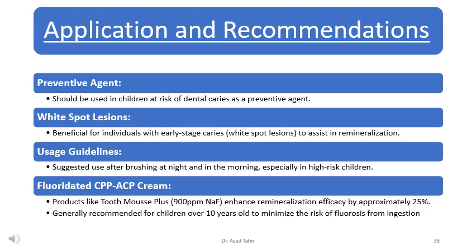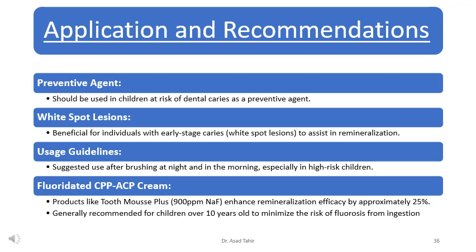The application and recommendations for CPP-ACP. Preventive agent: it's recommended for children at risk of dental cavities as a preventive measure. White spot lesions: it's beneficial for individuals with early-stage cavities, white spot lesions, to aid in remineralization. Usage guidelines: it's suggested to use CPP-ACP after brushing, both at night and in the morning, especially for children at high risk of cavities.